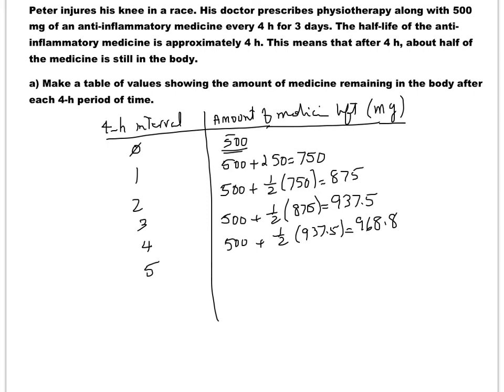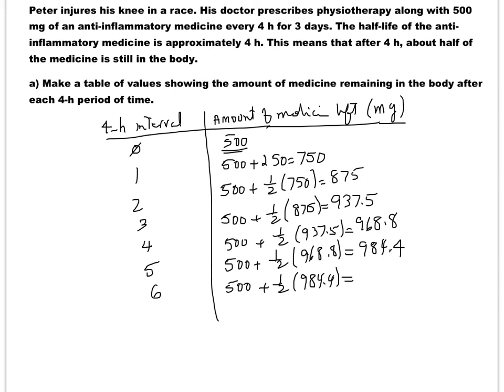The fifth 4 hour interval, I'm going to have 500 again plus half of 968.8, which is going to be about 984.4. The sixth, I'm going to have again 500 plus half of 984.4, which is going to be about 992.2.